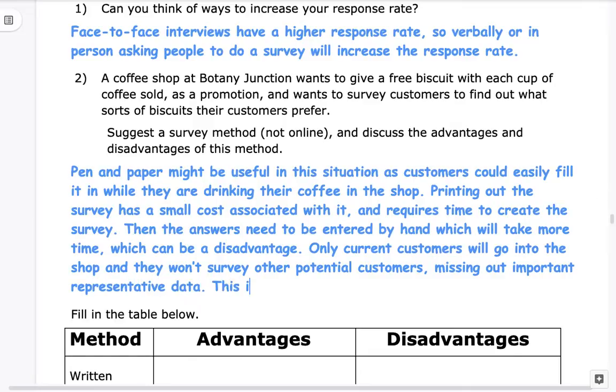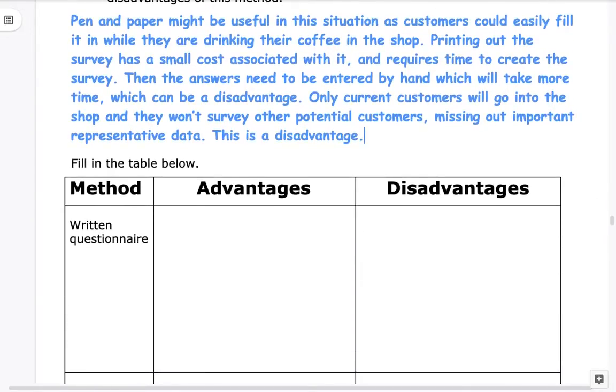Okay, this is a disadvantage. Okay, so there's a few things. There's lots and lots more you could talk about, but there's a few ideas to get you started.